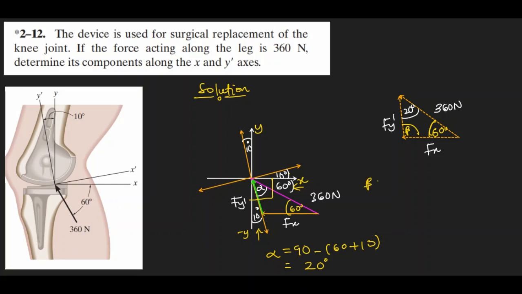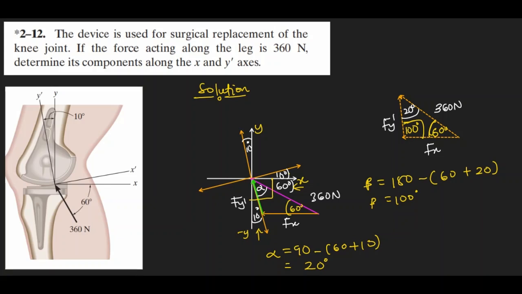So beta will be equal to 180 minus 60 plus 20. So I'm going to get beta to be equal to 100 degrees. So now beta is 100 degrees. Now we have all the angle values that we need.